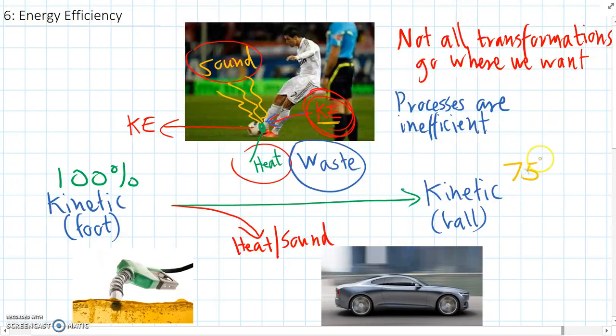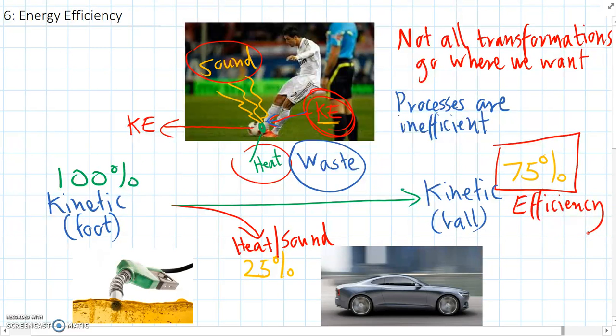Maybe 75% of the energy gets transferred to the ball, and 25% was lost as heat and sound. So the amount of energy that we transferred or transformed to where we wanted it, that's the efficiency. So the efficiency of kicking a soccer ball here was 75%.